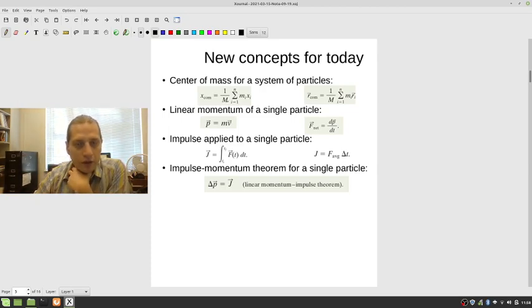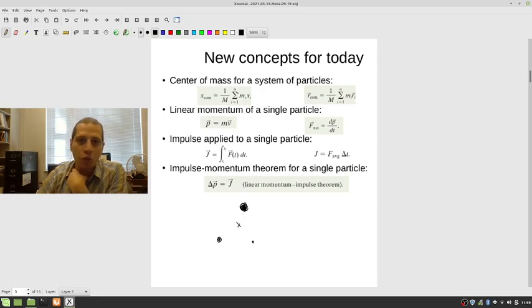So here's what we're going to be looking at today. First, we're going to be talking about the idea of a center of mass. So the idea is that if you have several different particles, you want to describe them by a single point, and that point is going to be closer to the places where you have lots of mass rather than a little mass.